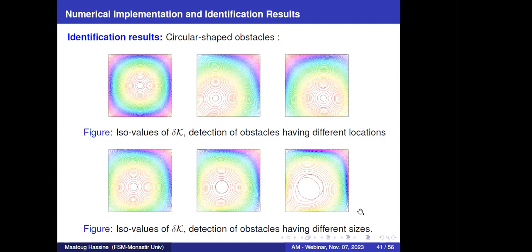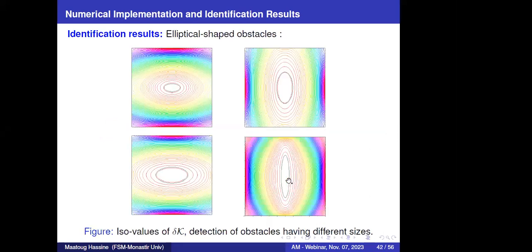In the second test, we test our algorithm for different obstacle sizes. With the same test, we have used our numerical algorithm for identifying some elliptical shaped obstacles having different sizes.